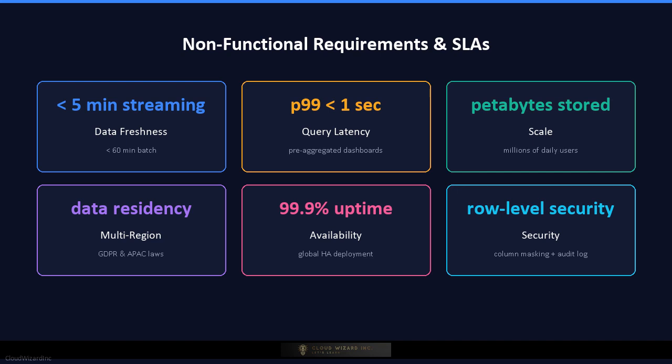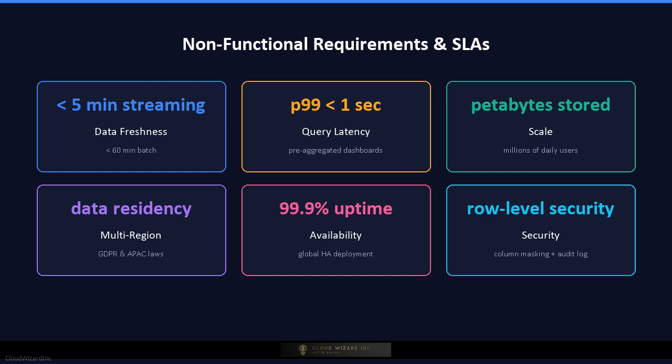The system must scale to petabytes of historical data and millions of daily active report consumers. Multi-region deployment is required for latency and data residency compliance. European user data must stay in European infrastructure, and APAC data must stay in APAC. The platform must be highly available with a target of 99.9% uptime.